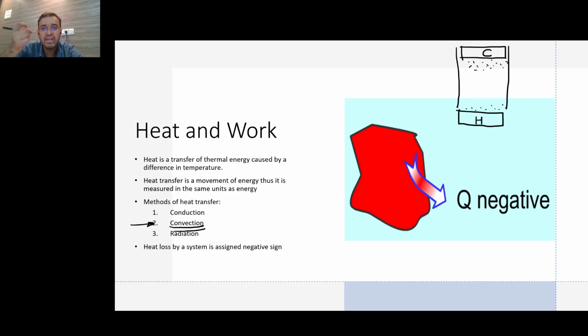They will start to gain internal energy by virtue of heat conduction, because they are in contact with a hot surface. So they will start absorbing some amount of heat. There's heat transfer taking place from the hot surface to the fluid.